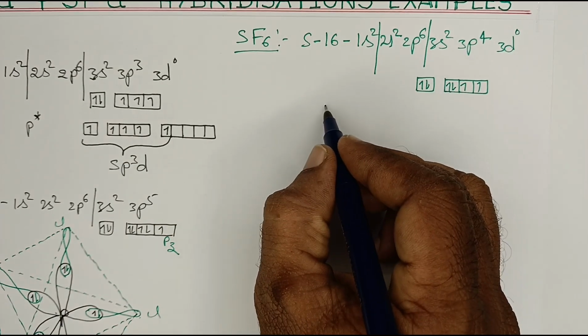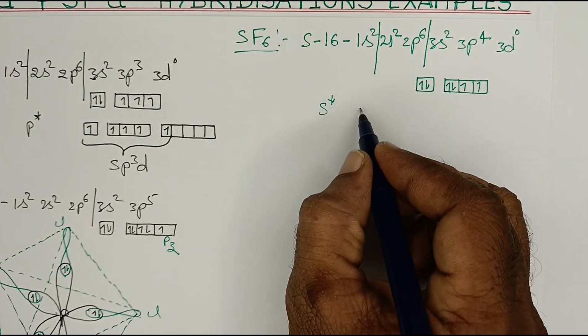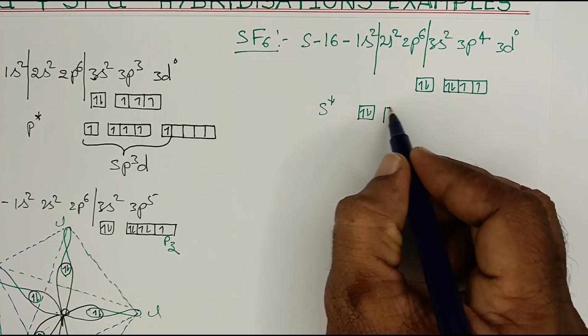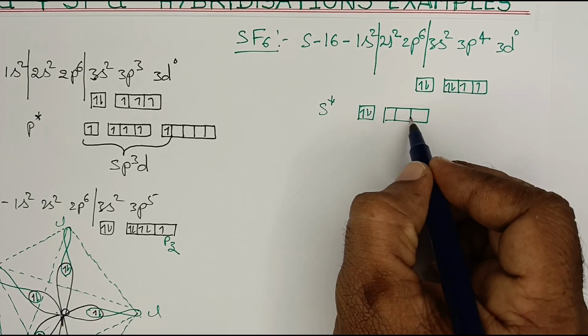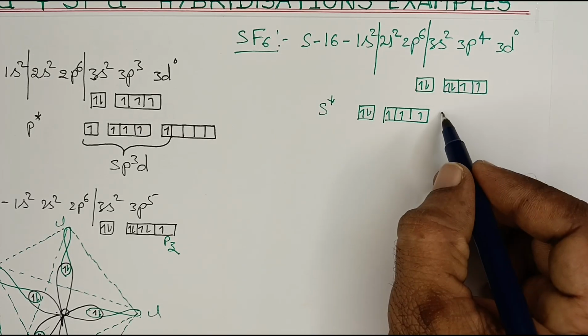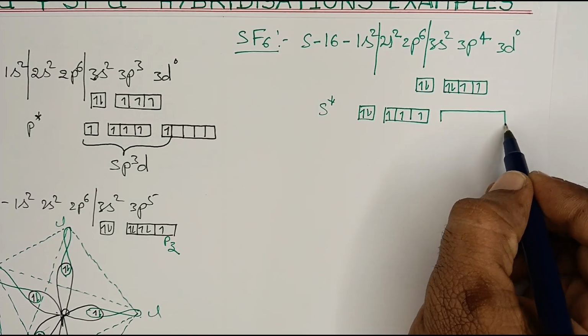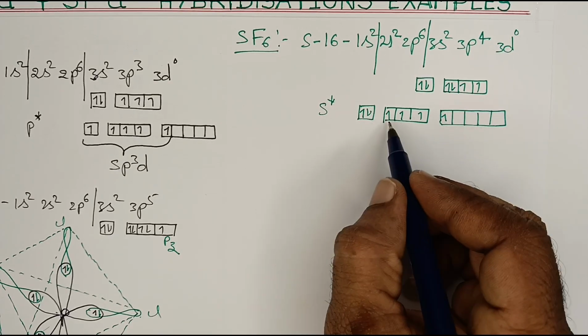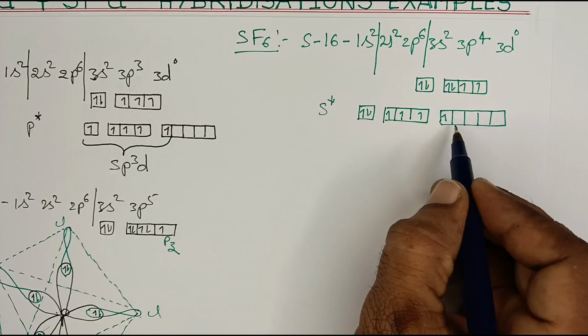On first excitation, the 3s electrons will be here only, and one electron jumps from px to d orbital.